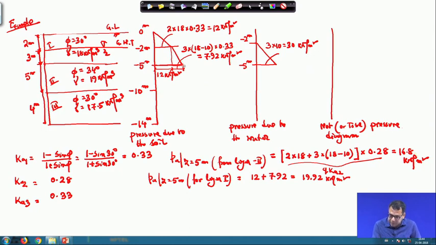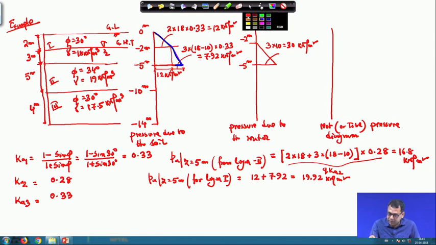So, this value will go inside. If I draw the net one, it is this blue one. It will go inside, because this is 16.8 for the second layer and 19.92 for the first layer.